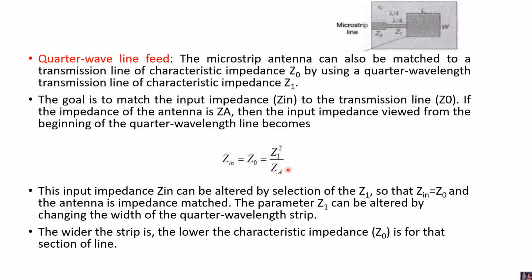So this input impedance Zin can be altered by suitable selection of ZL, so that Zin will be equal to Z0 and the antenna will be perfectly matched. The parameter ZL can be altered by changing the width of the quarter wave strip line.